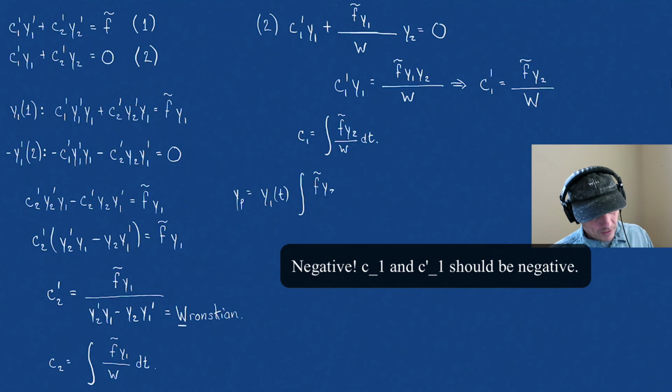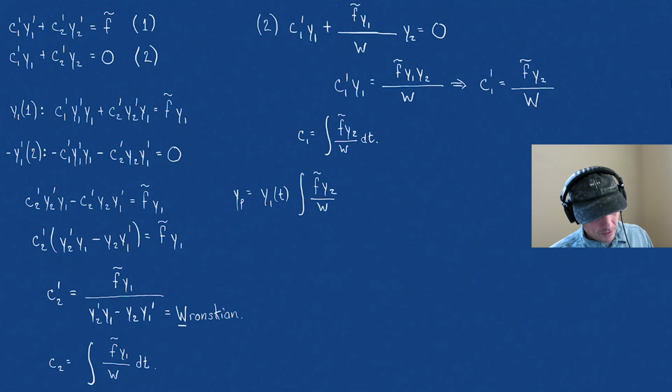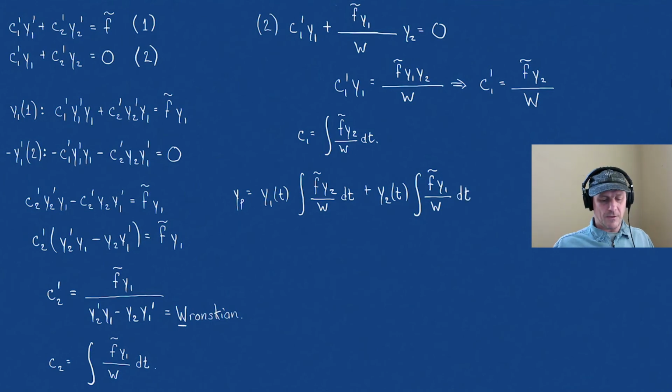There. y2 over W dt, plus y2 of t times C2. Well, C2 is the integral of f tilde y1 over W times dt. And there you have it. We have just solved the problem.